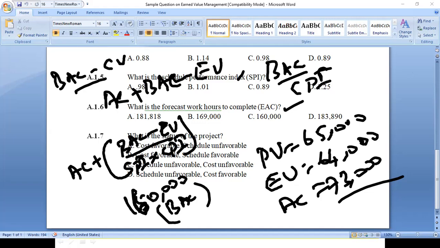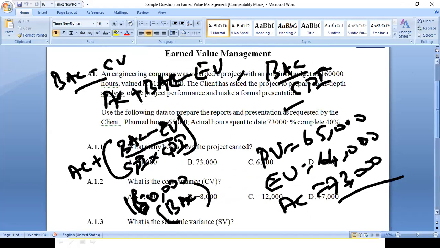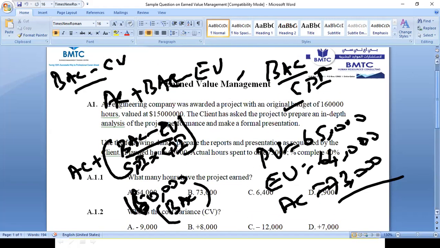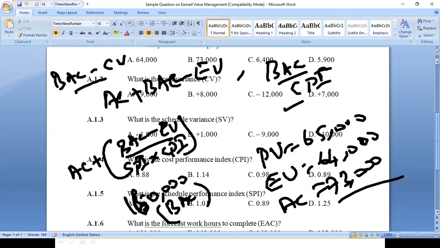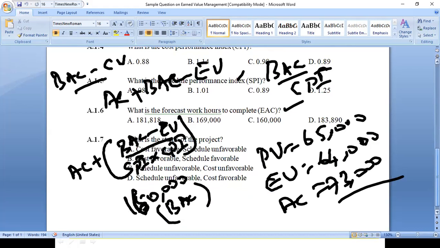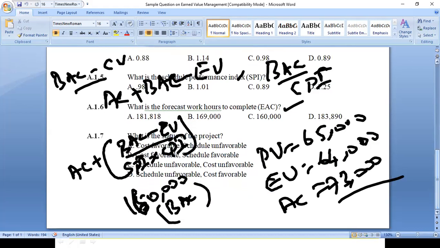65 minus 73, right? 8,000 only. But CV, 160, right? Original budget is 160,000. EV, PV is 65, AC is 73, right? So minus 9,000, right? 73 minus 65, 8,000, right? I think it's 9,000. 9,000, man.